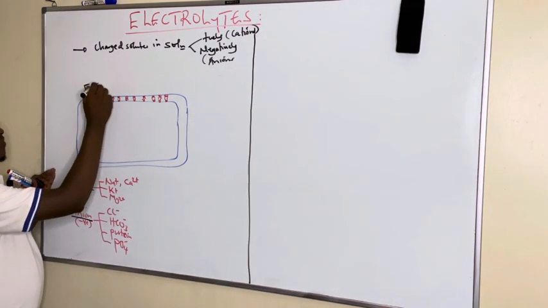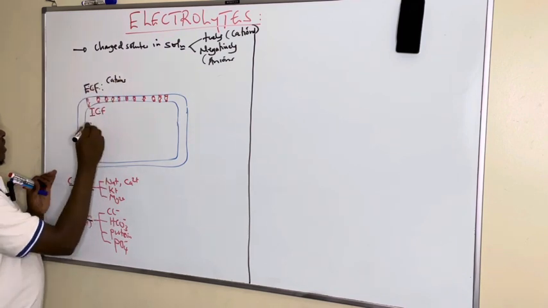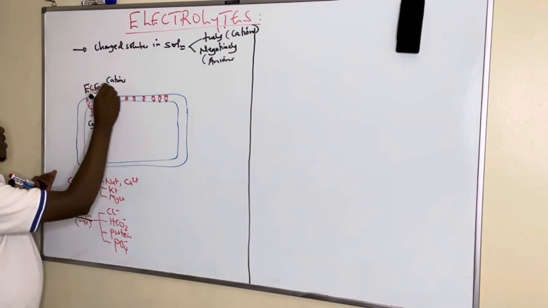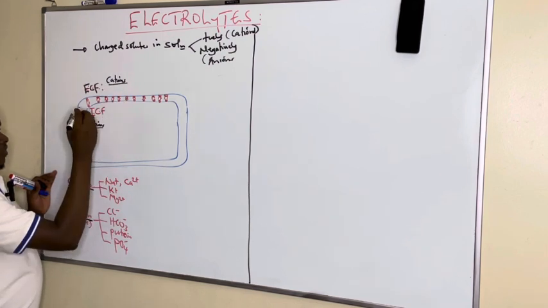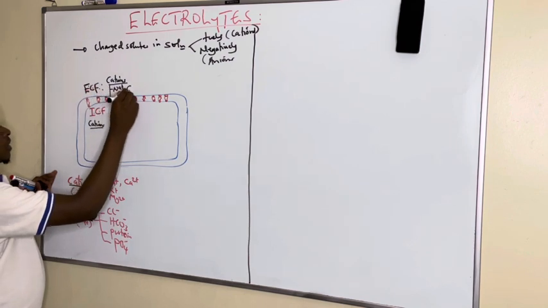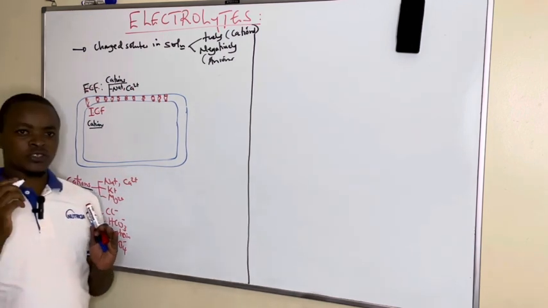Among the cations in extracellular fluid, we have majorly sodium and calcium, but the principal extracellular cation is sodium.